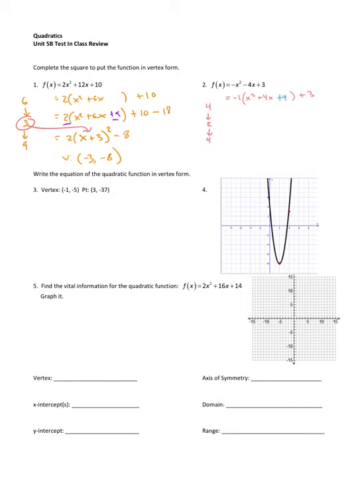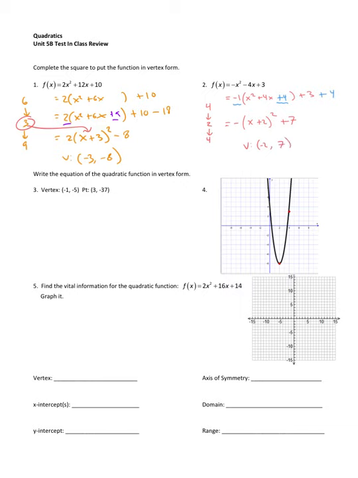So I add 4, but that is really like adding -4. So I've got a new -4, so I have to balance that out with a new +4. And so now I'll write it in squared form, which gives me a vertex of -2, 7.